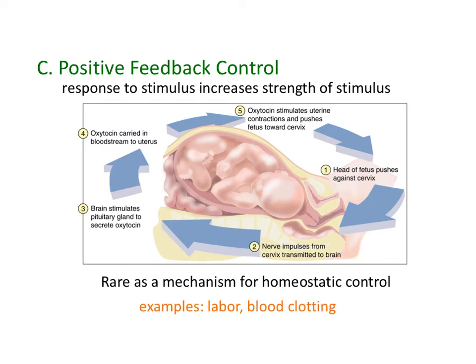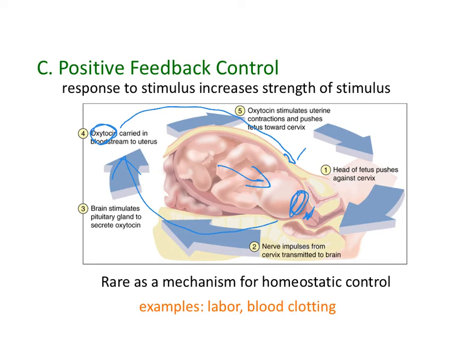One example is labor, where the baby's head is pushing up against the mom's cervix, and that stimulus causes a nerve impulse that sends a signal to the brain, where it releases oxytocin. Oxytocin comes back down and causes the uterus to contract, which pushes the baby's body even harder up against the cervix, which then increases the signal. And this is known as a positive feedback loop.